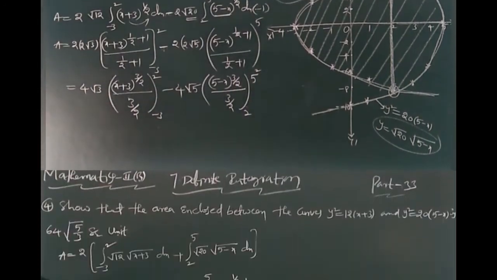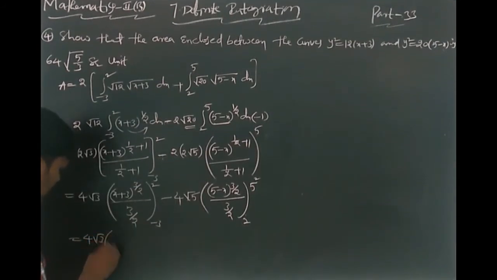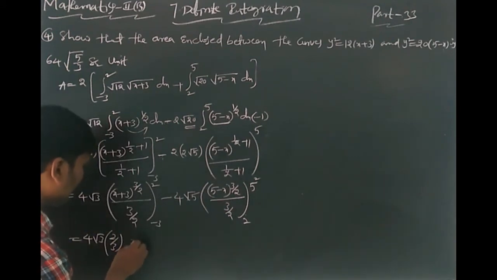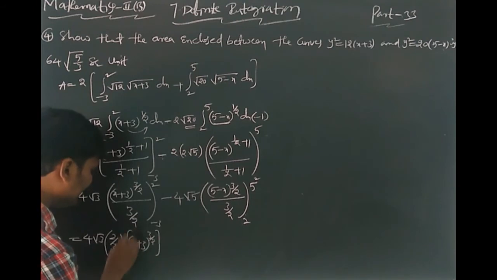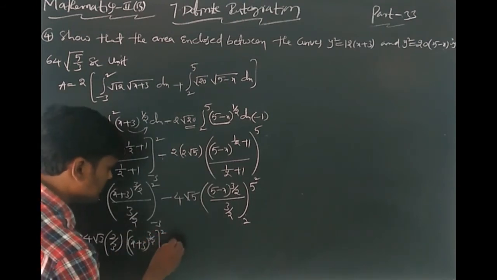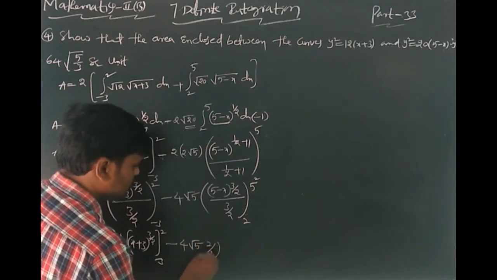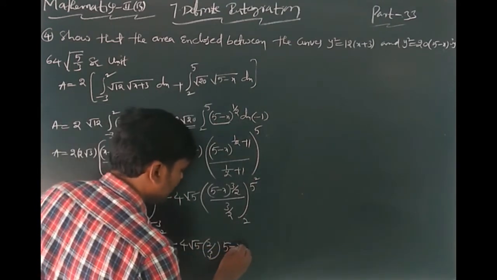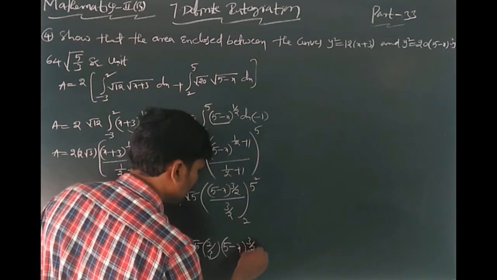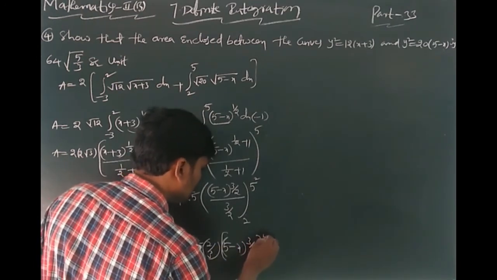This 3 by 2 goes to numerator as 2 by 3. 4 root 3 into 2 by 3. Here we can write x plus 3 whole power 3 by 2. Limits is minus 3 to 2, minus 4 root 5 into this 3 by 2 goes to numerator, 2 by 3, 5 minus x whole power 3 by 2. Limits is 2 to 5.